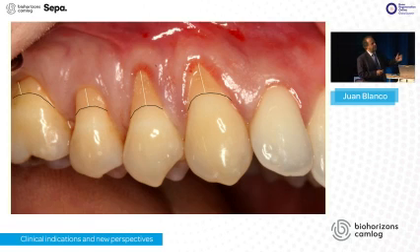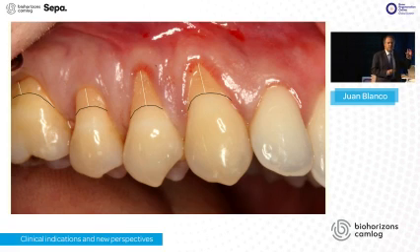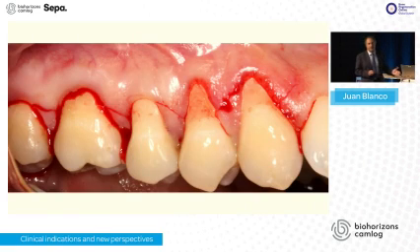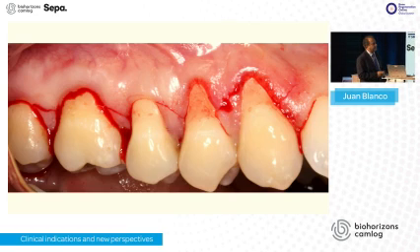So we measure the different depths of the recessions. We go for the central recession, that is where all the papillas are going to rotate. We have to perfectly understand and see where the cement enamel junction is, and we proceed with the different incisions. I'm not going to explain the incisions, it's not the objective of this presentation.